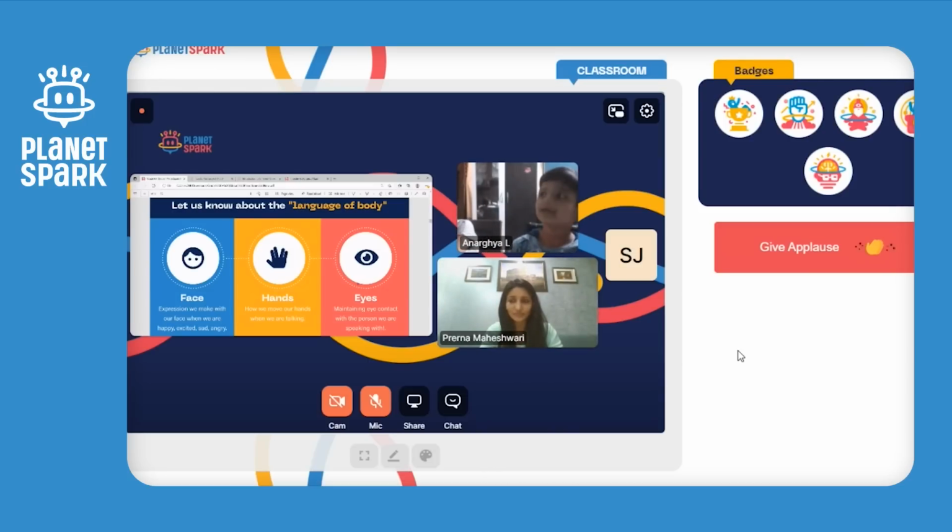Hindi, Marwadi, and a bit of Telugu and Marathi. Marathi also. All right. So Anargya already knows many languages. Now I thought I will introduce one more language to Anargya, which is the language of the body, known as body language. And for that, you don't have to open your mouth. You just communicate with the help of your face, your hands, your eyes, and your voice.